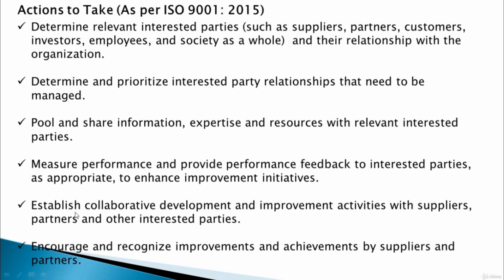You also need to establish collaborative development and improvement activities with suppliers, partners, and other interested parties. And the standard also tells you that you should encourage and recognize improvements and achievements by suppliers and partners.